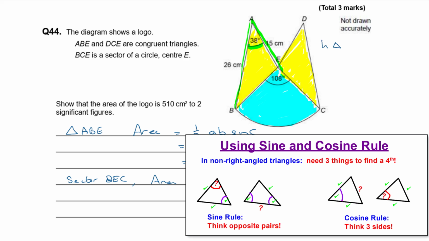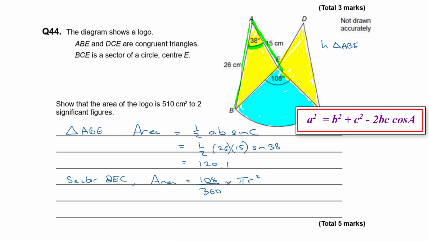So in triangle ABE, if that's angle A up there, then this is side a down here. If that's angle E, then this is side e, and if that's angle B, this is side b. So I've got sides b and e, and I want side a.